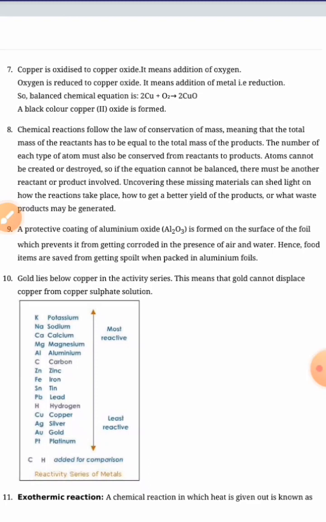So if the equation cannot be balanced, there must be another reactant or product involved. Discovering these missing materials can shed light on how the reaction takes place, how to get better yield of the products, or what waste products may be generated.